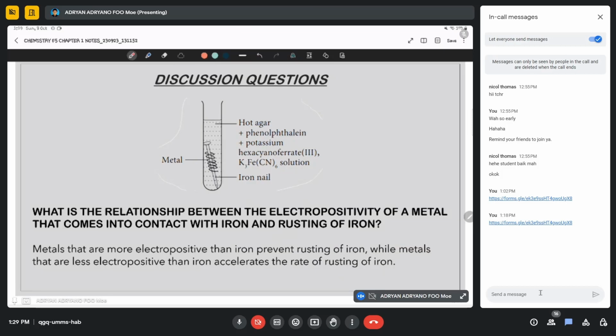Okay, relationship of electropositivity and rusting. 这个很简单啦 more electropositive, so they will accelerate the rate of rusting 啦。Okay, relationship between electropositivity of a metal that comes to contact with iron. So meaning that whenever iron 它包着的是 more electropositive, 那个 more electropositive 的就会越想要抢它的工作，它越想要 release electron. Okay, 所以那个 iron 就会 rust 比较 slow 或者 totally prevent.